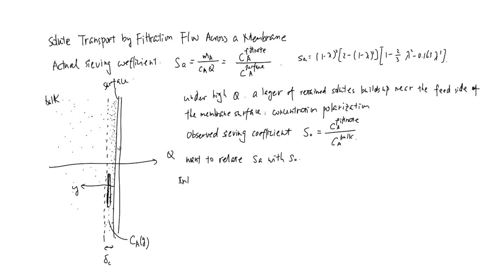Into the control volume you have Q multiplied by CA, from the left surface. You can also think about what's leaving the control volume. It can leave in two ways. I think it's better to draw the control volume in this way.